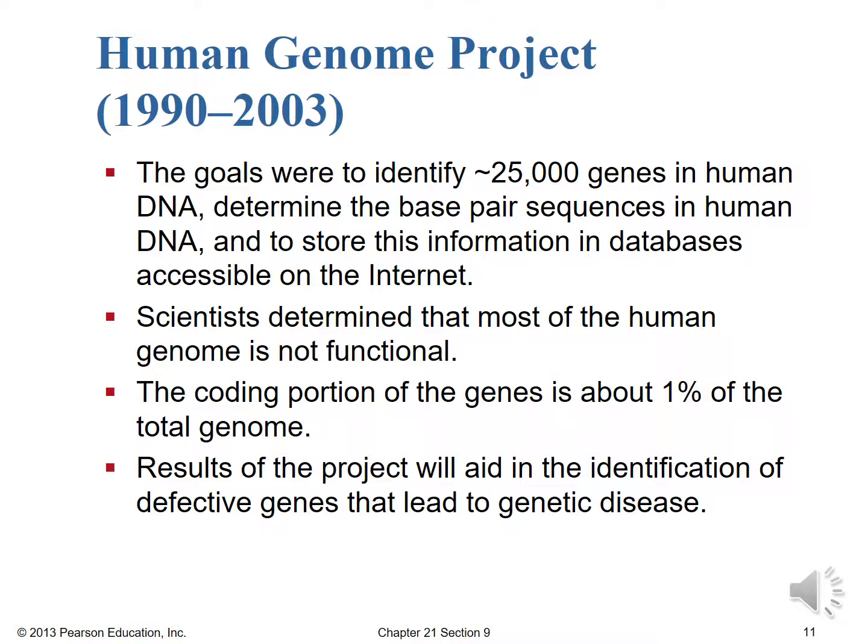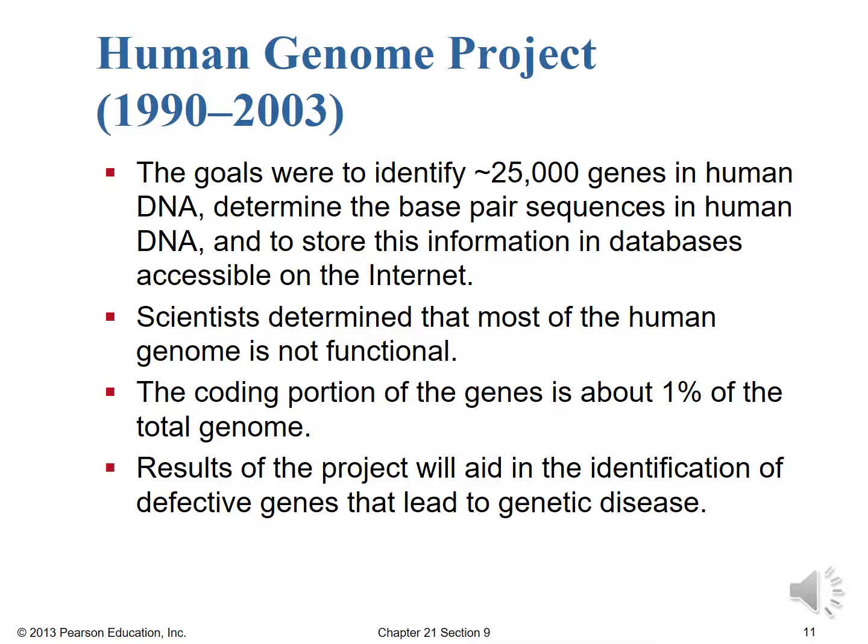Some important summary information so far, and again, just because the project ended doesn't mean we know a whole lot about what those genes are and what they necessarily do. But the scientists determined that most of the human genome is not functional, and that sounds counterintuitive, but that's actually a good thing, because every time your cells divide, the ends, the telomeres, have a little bit cut from them.